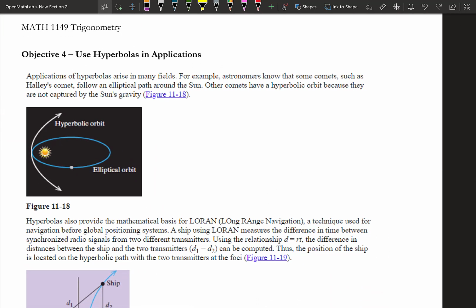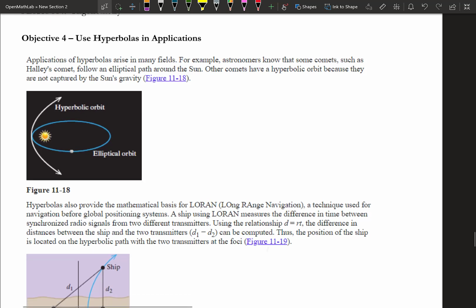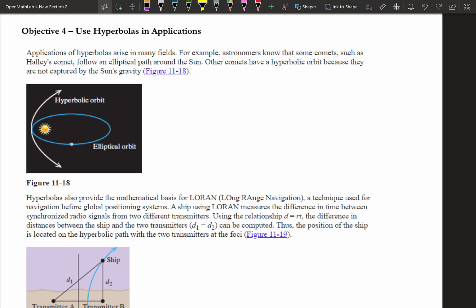All right, so then the last objective is looking at some applications. This is just pulled directly from the textbook. They give you some applications: hyperbolas arise in many fields. For example, astronomers know that some comets, such as Halley's Comet, follow an elliptical path around the sun.